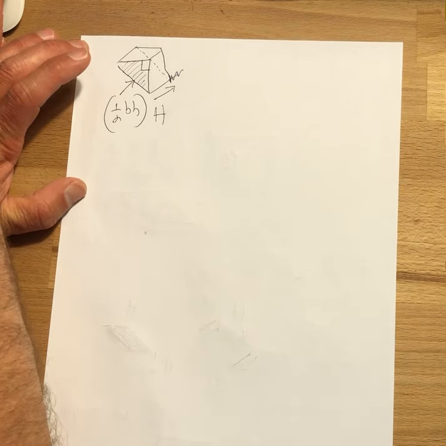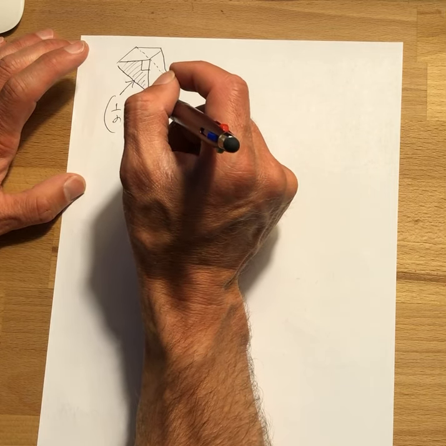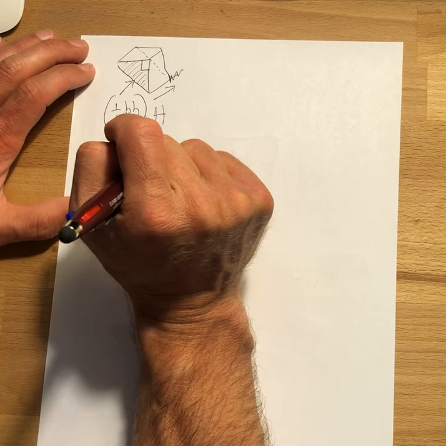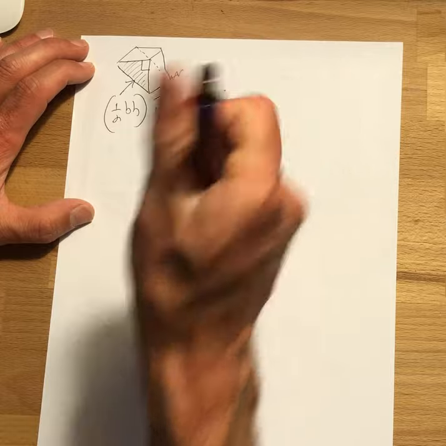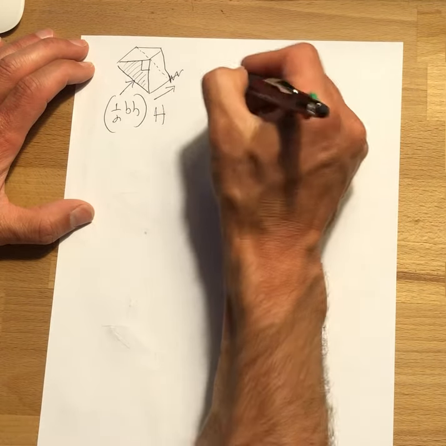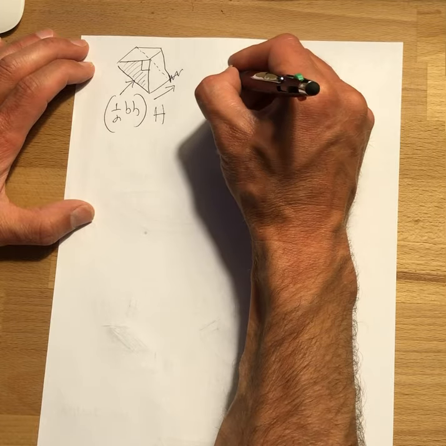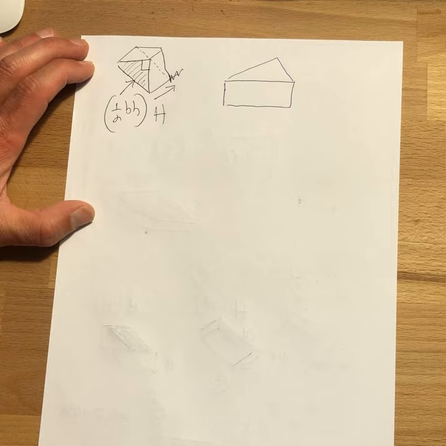triangular prisms. Okay, and in the example questions, what it does is it gives you a pretty straightforward triangular prism. But look at this. In the notes, it looks like this. The example question looks like this. That's it. That's all you see.